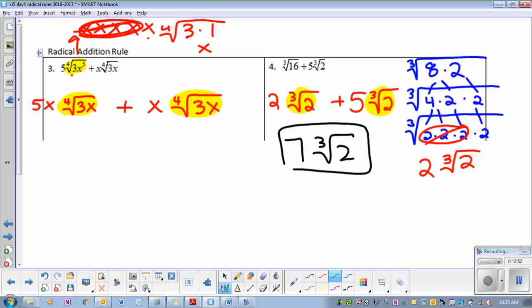Not squared, because you're not multiplying. You're adding. So if you already have 5 x's and you add another x, how many x's do you have? No, you're adding. Good. This is like 1x, right? 5x plus 1x gives you 6x. And then bring over your fourth root of 3x.